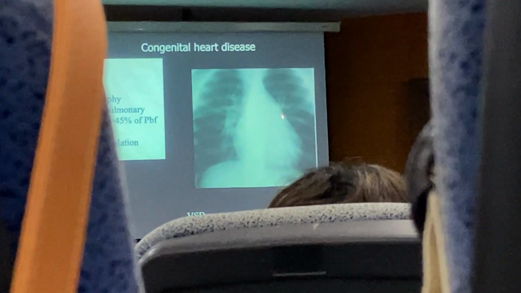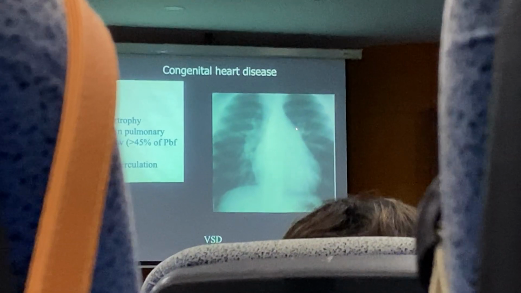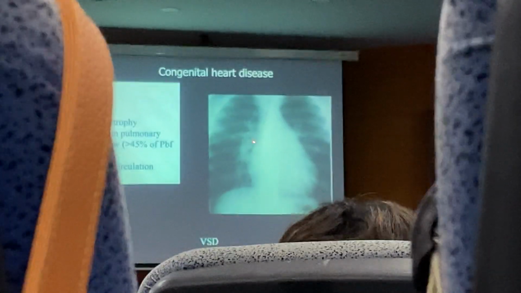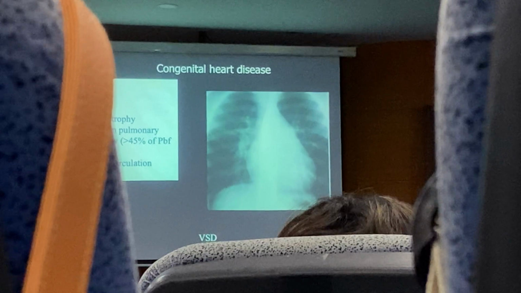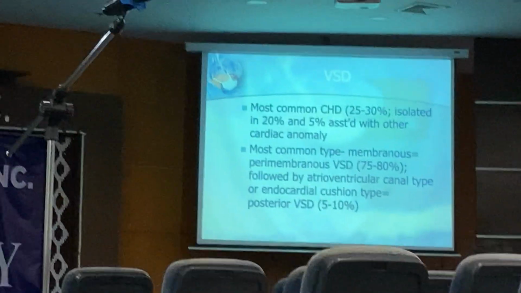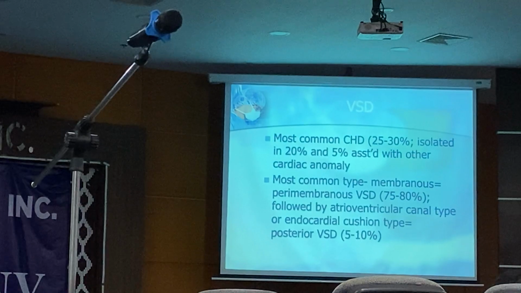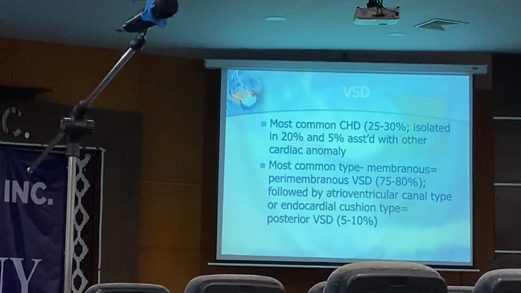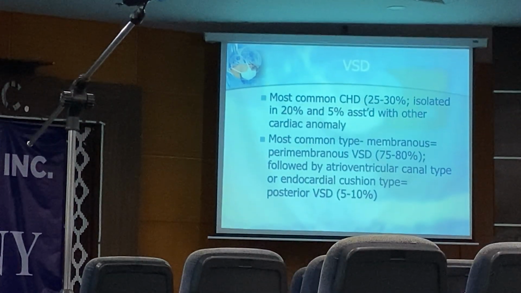So here, your main pulmonary artery segment is prominent, and your central pulmonary vasculature is prominent and dilated. So this is the most common CHD, and easily detected in childhood because they are symptomatic.